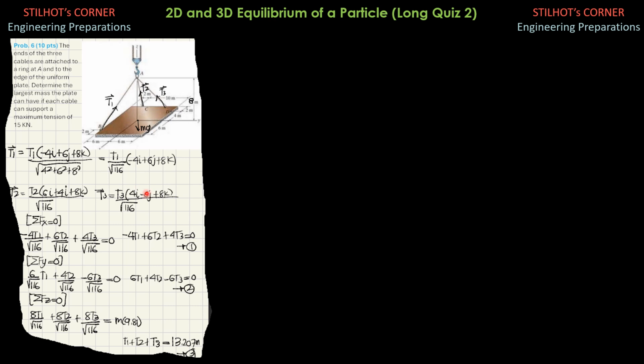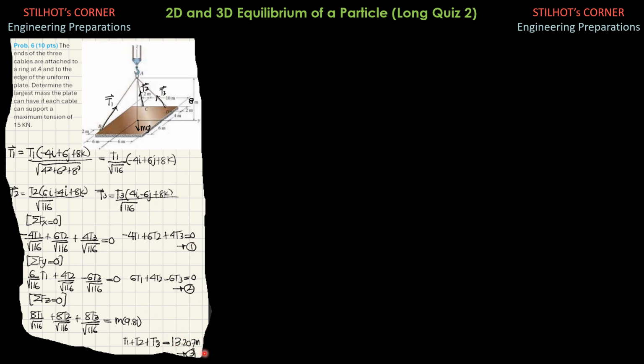All are positive. So you have 8 over square root of 116 T1 plus 8 T2 over square root of 116 plus 8 T3 over square root of 116 equals mg, and g is 9.81. So 9.81 times square root of 116 divided by 8. So we have T1 plus T2 plus T3 equals 13.207 m. Equation 3.